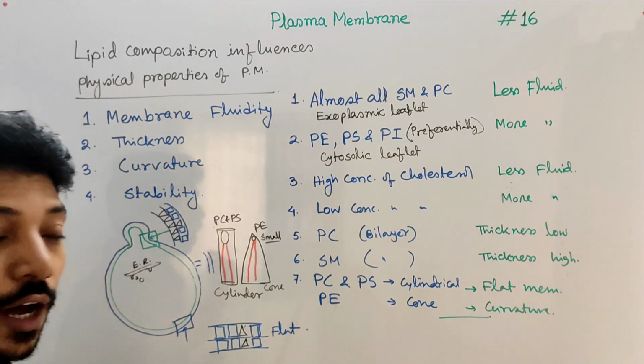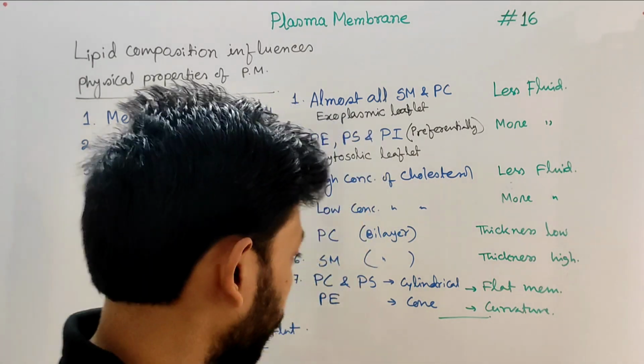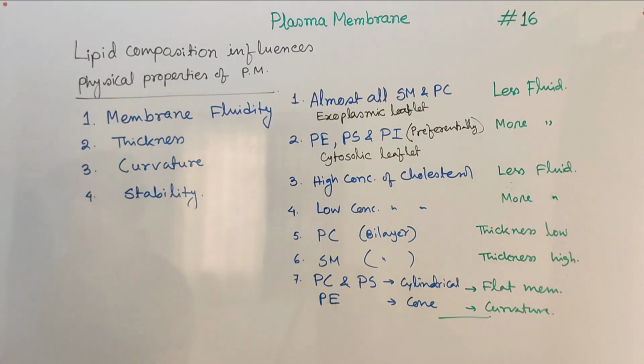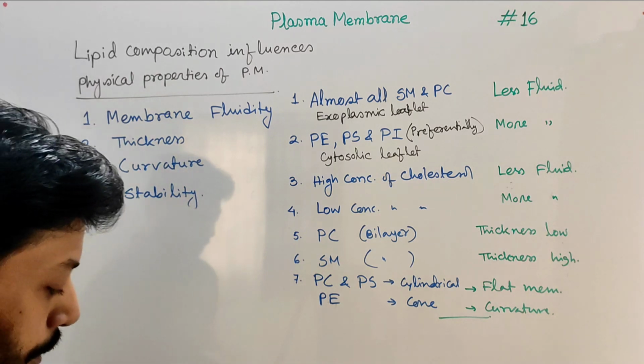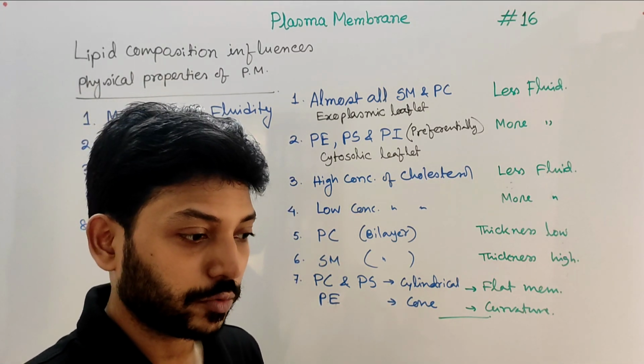Now let's talk about how lipid composition controls the stability of the plasma membrane. I'm writing the number 8 here under stability. Cells can be in two kinds of conditions.